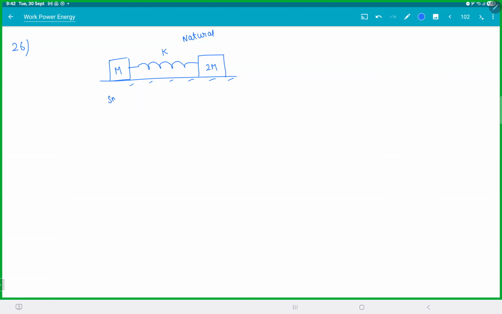This block is smooth, whereas this block is rough. Initially, everything is at rest. Now you start pushing this block with a force F. So the thing is, find the minimum F if the 2m block just moves.